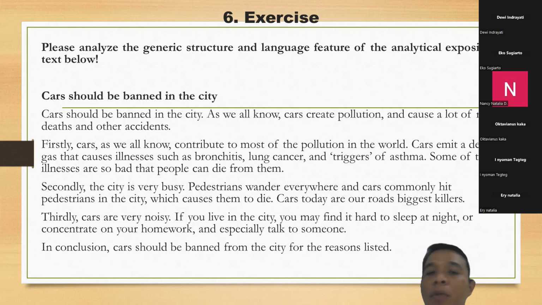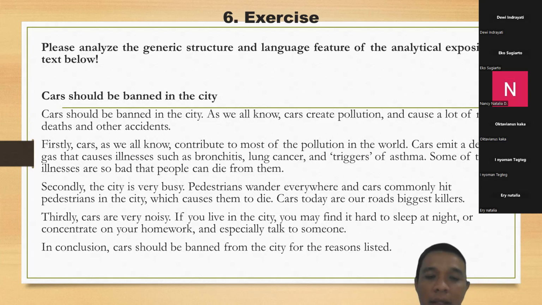Do you have any idea about the language feature of this text? Maybe you want to try to answer it again. Who is ready? I'm still reading it through because some sentences are still confusing for me. I haven't found out yet about the generic structures.